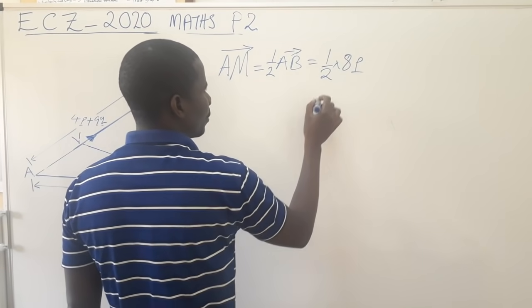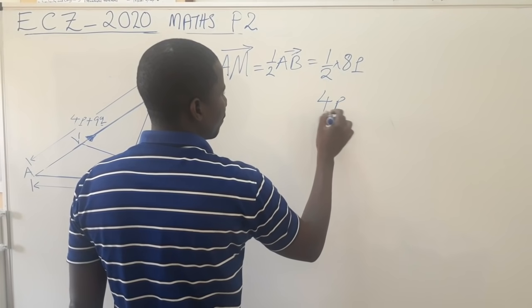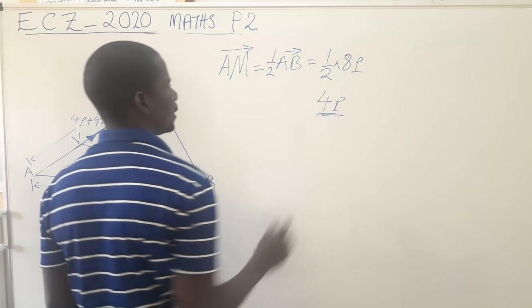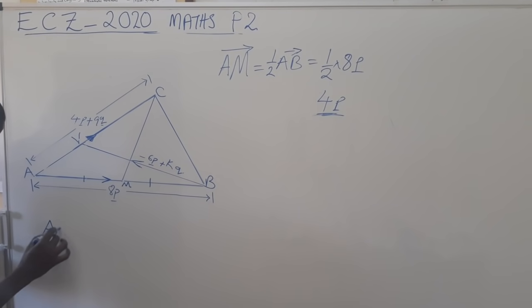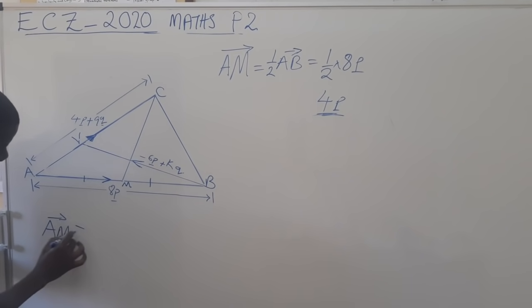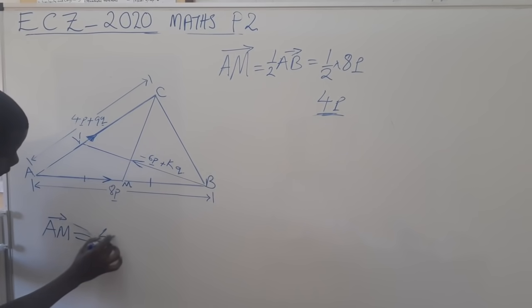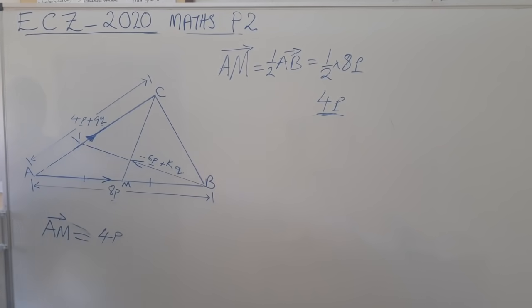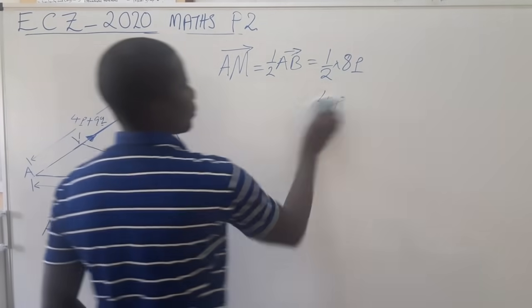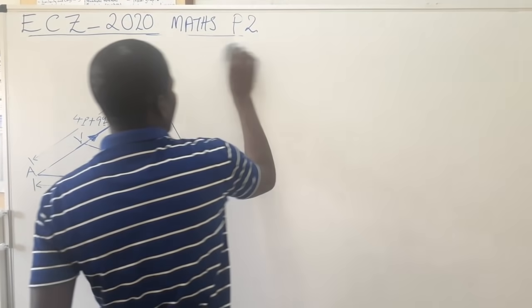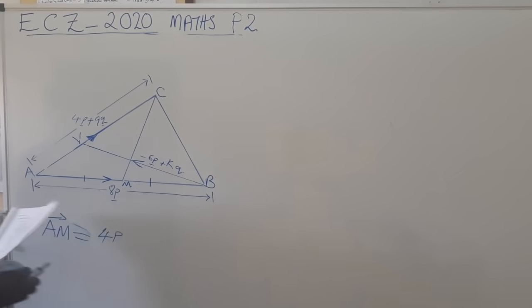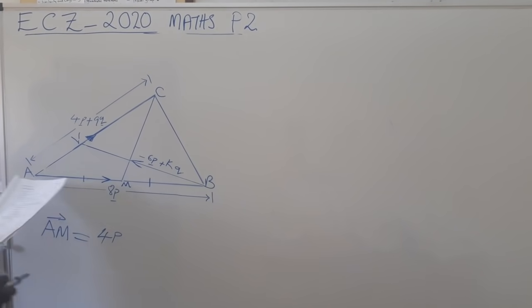What are you going to get? You're going to get 4P. That is the first one. So our AM is equal to 4P. Take note of that. That is what we are getting.